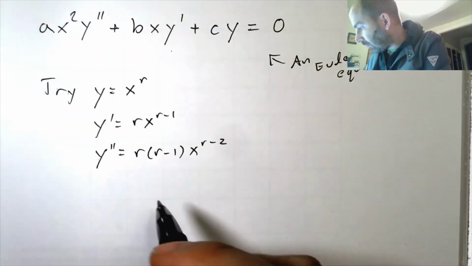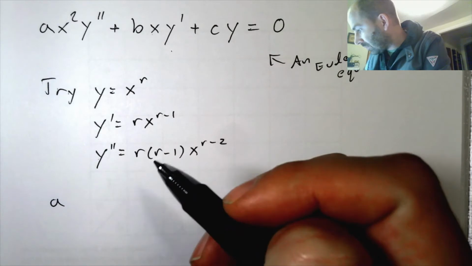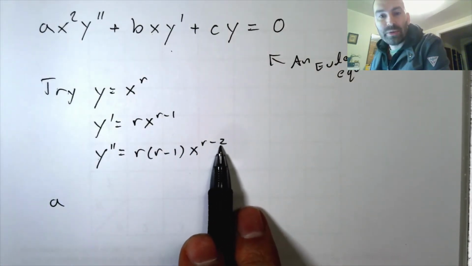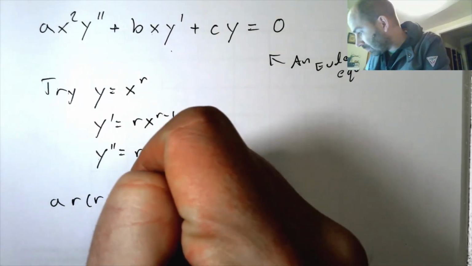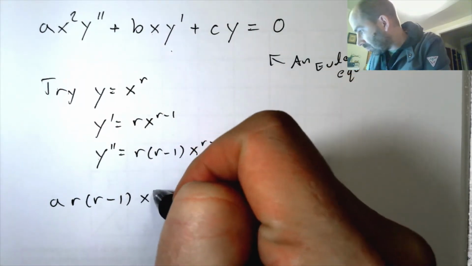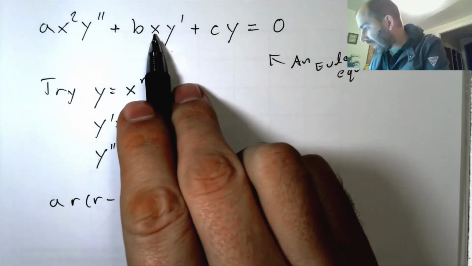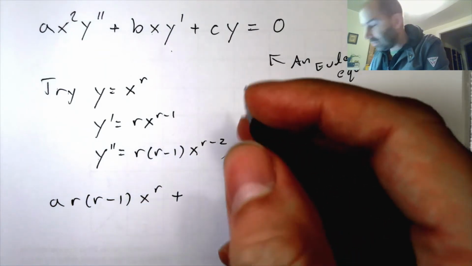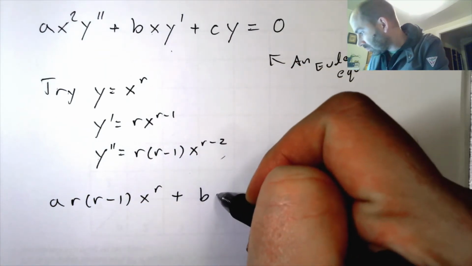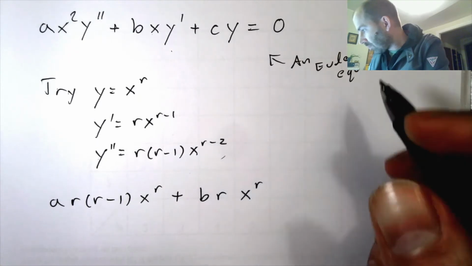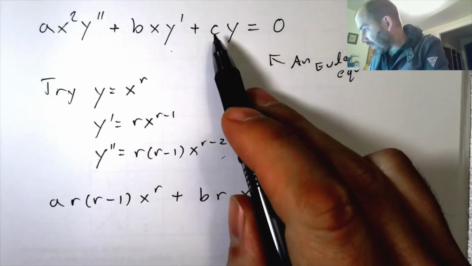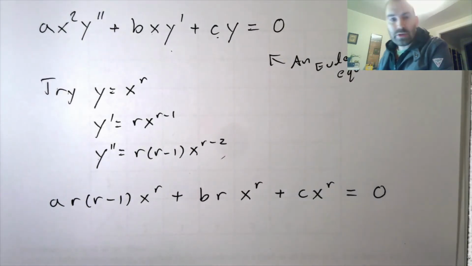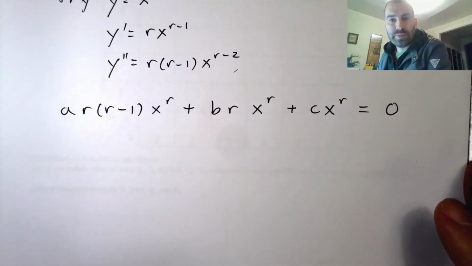Well, plugging this in for y double prime, and notice the x squared is going to multiply by this, and it's going to kill the minus 2, right? The x here is going to multiply by this, and it's going to kill the minus 1. And then I'm just going to take this times this. So just plugging that in, I see that this has to be true.